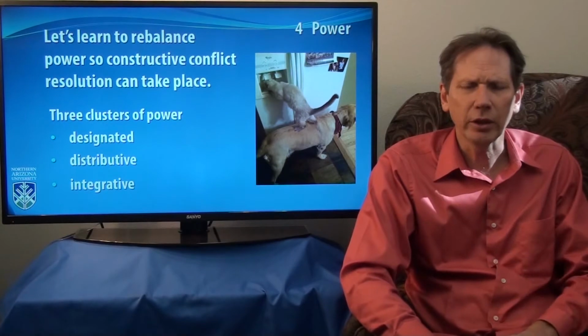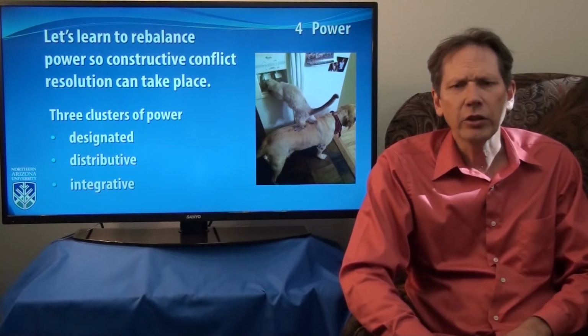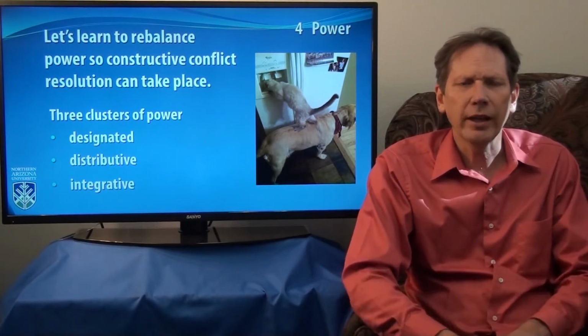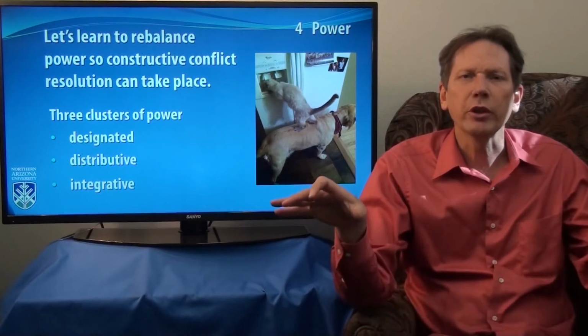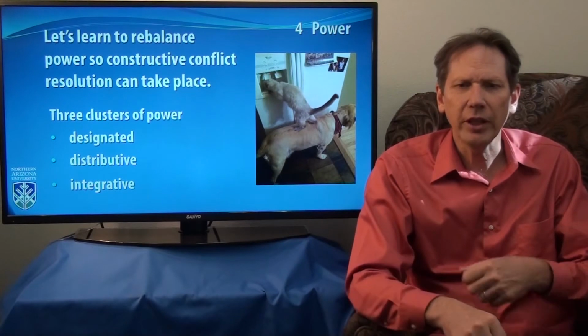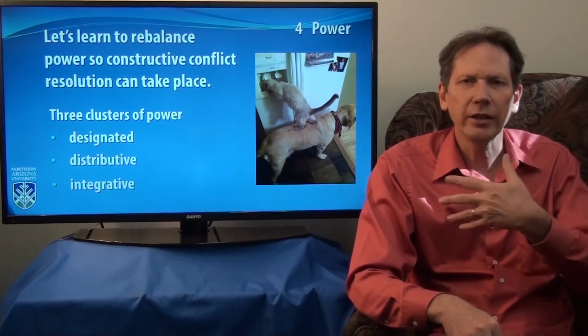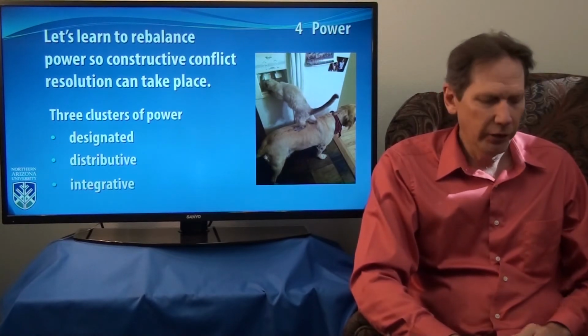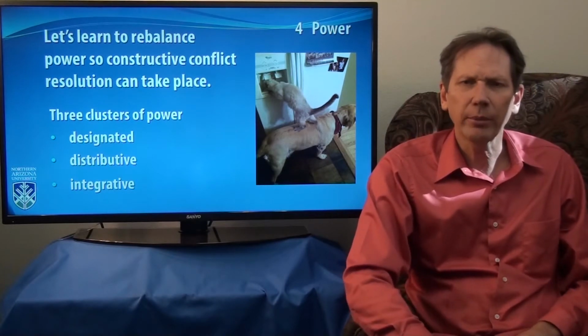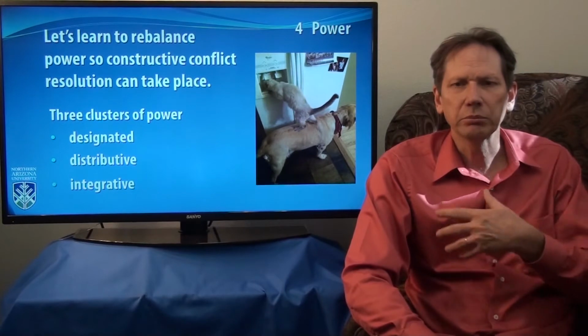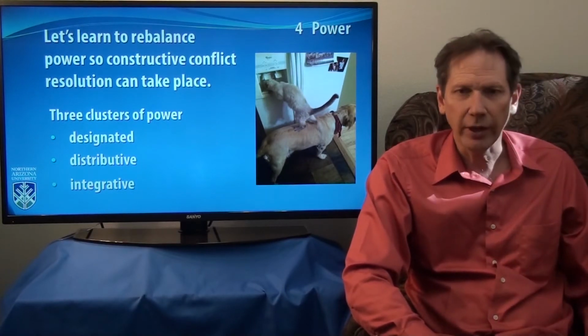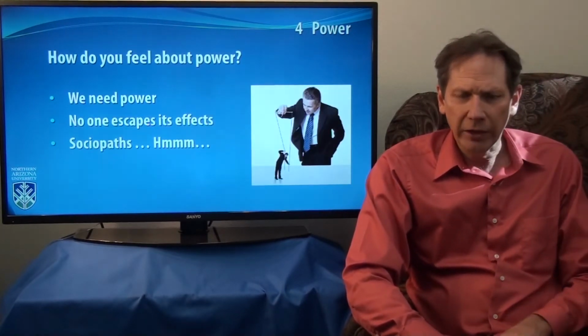Again, why I like the dog and the cat here. Integrative, we are integrating our efforts. Distributive means power is distributed. Somebody has it and somebody doesn't. Designated, then it's by design, it has been given to you. So what we're looking for throughout this chapter is to move towards integrative power in the conflict situations that you have. How do you feel about power?